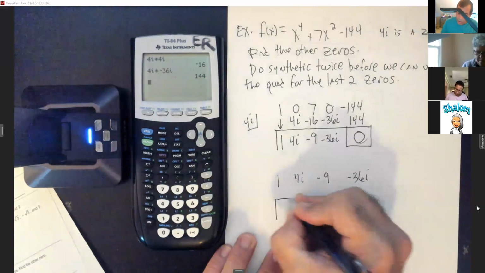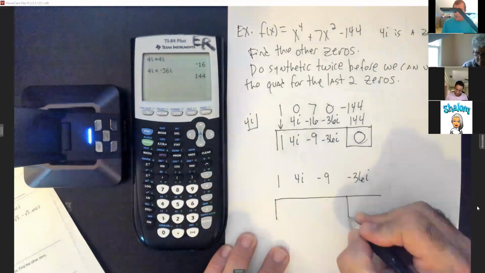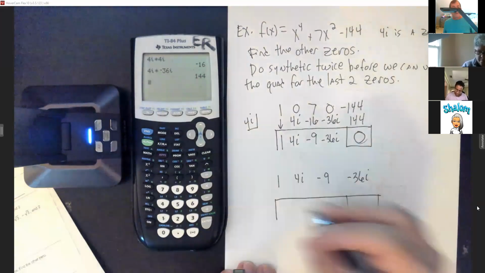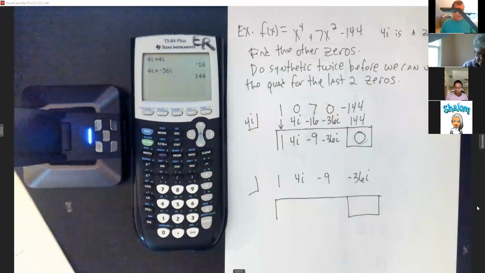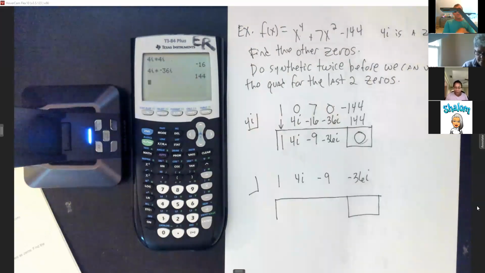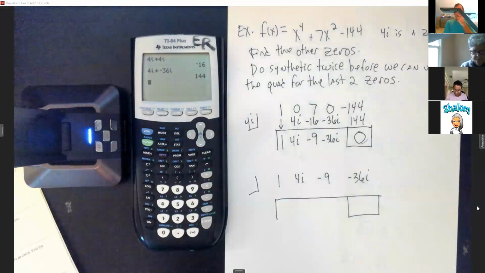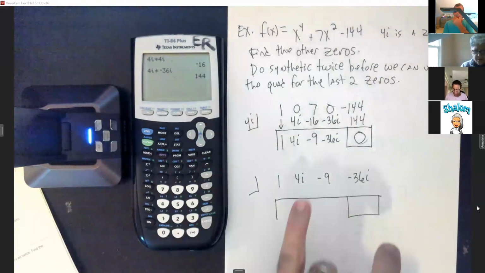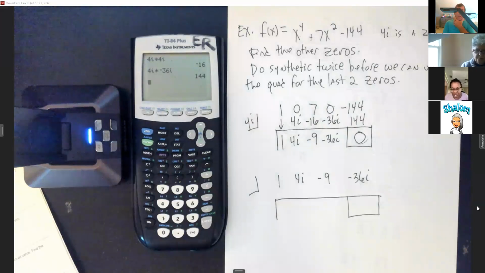And you're about to use synthetic division again. So I need to find a number that I can try next, right? I know I can't use the quad till I get it down to 3 numbers. So what number would I try next? Think about those examples I did before this section.